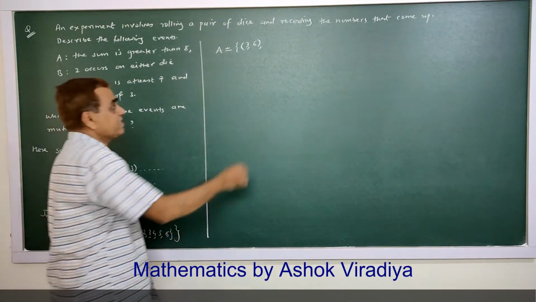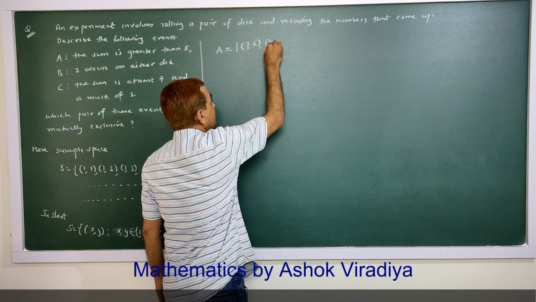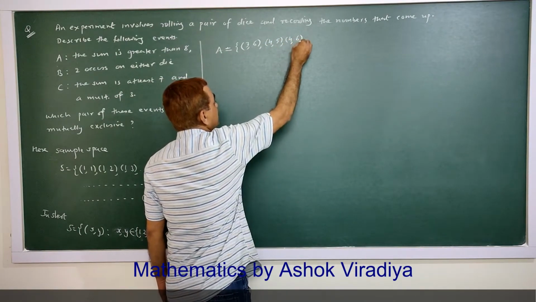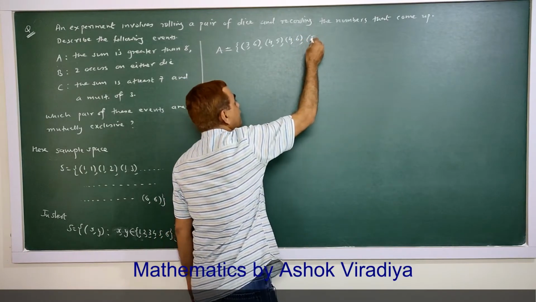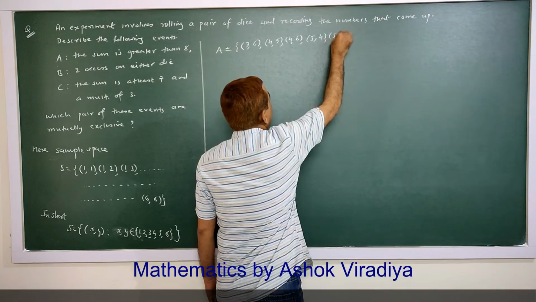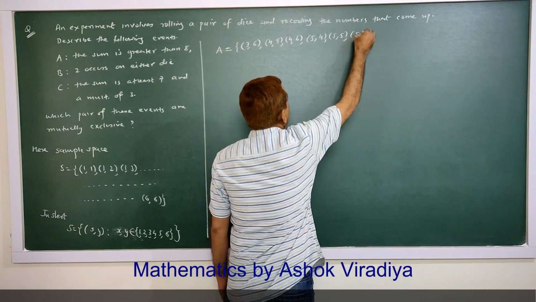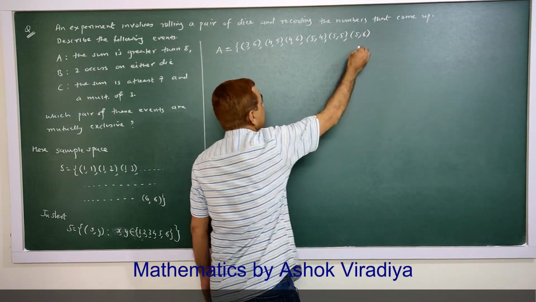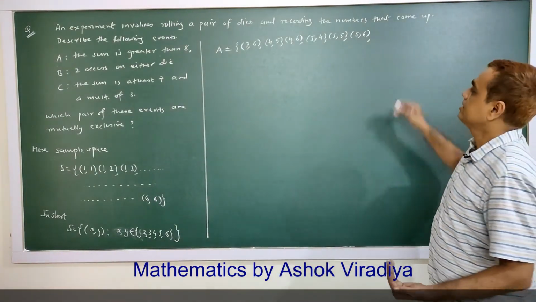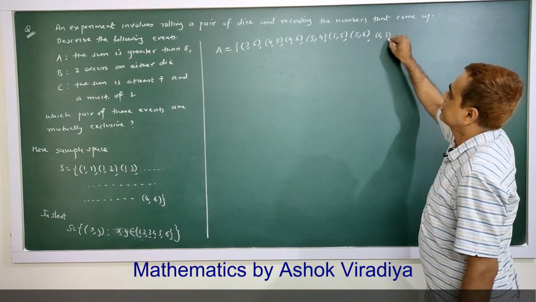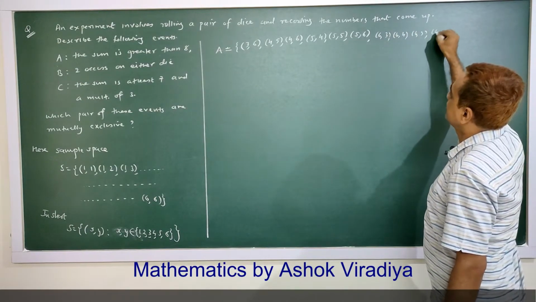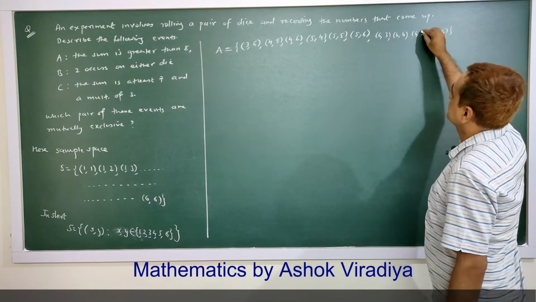From the fourth line, up to 4 4, the sum is 8. Next is 4 5, 4 6, then from the line of 5, 5 4, 5 5, 5 6, then from the last line 6 3, 6 4, 6 5, 6 6.